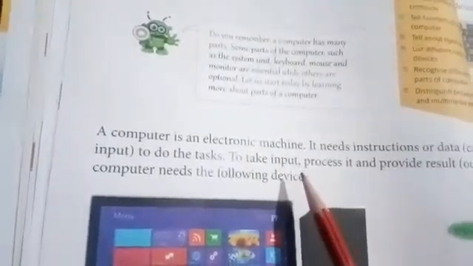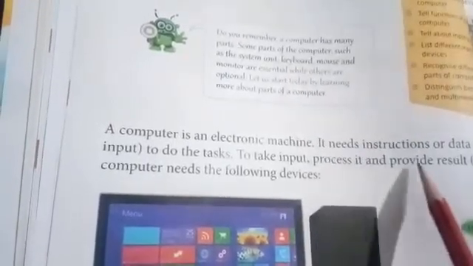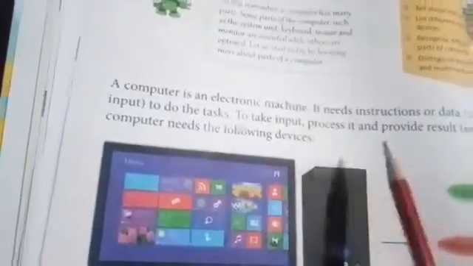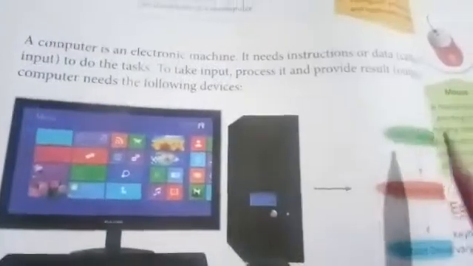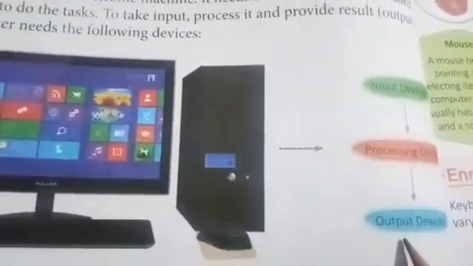So the process of a computer is to take input, then process it, and then it provides us the result. For doing all this, the computer needs the following devices: input devices, processing devices and output devices. So now we will study about them one by one.